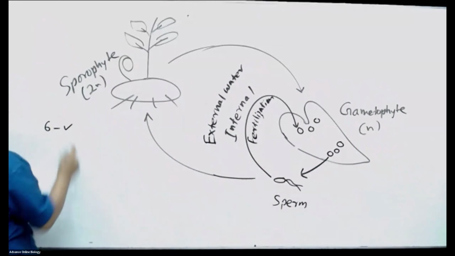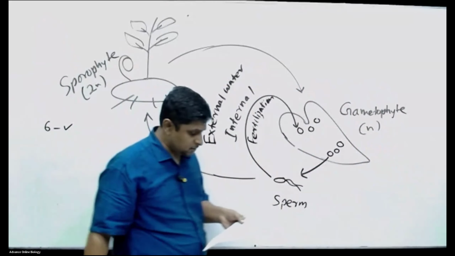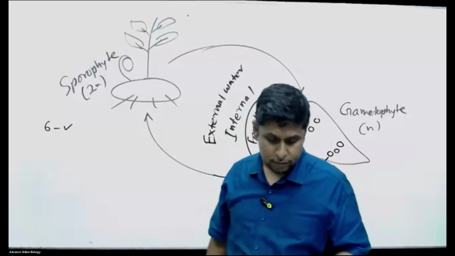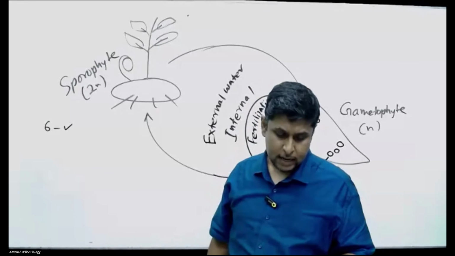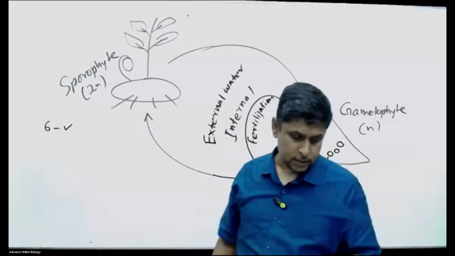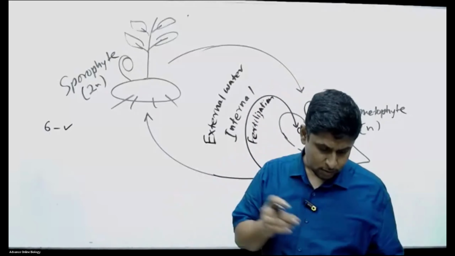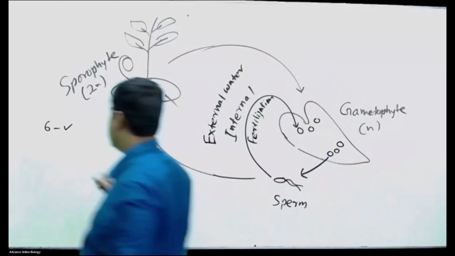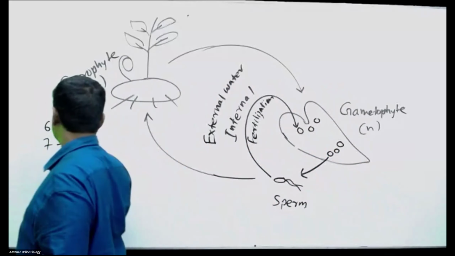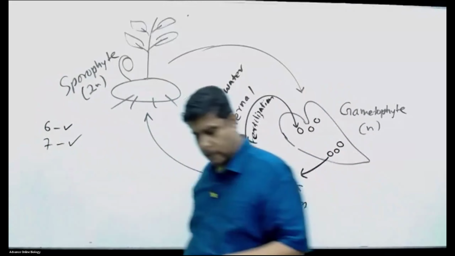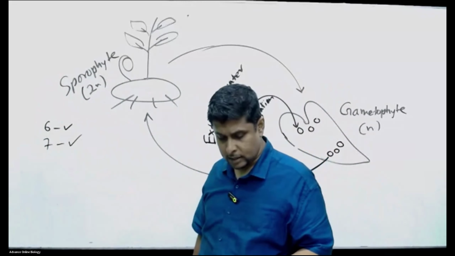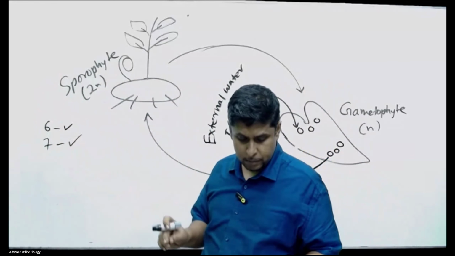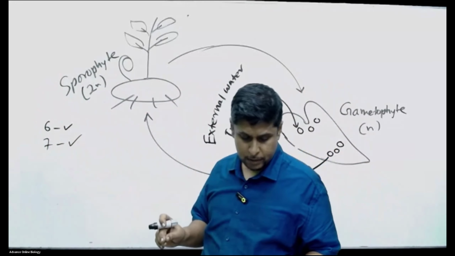Question number 7, statement 7, delay of meiosis after fertilization results in creating a diploid sporophytic generation. Correct. Seventh statement, correct. Statement 8, in evolution, gametophyte generation gradually reduces and has become dependent on the sporophytic generation in seed plants.